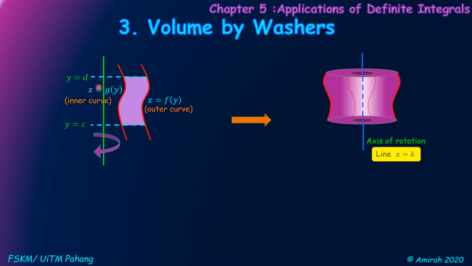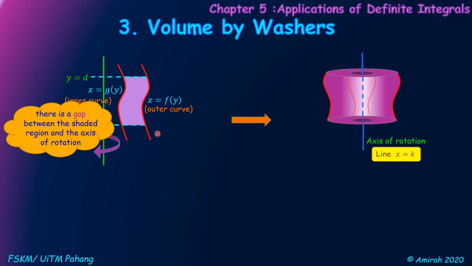Since our axis of rotation now is a vertical line, the equation of the axis of rotation is the line x equals k. K here means constant. From the shaded region here, there is a gap between the shaded region and the axis of rotation.